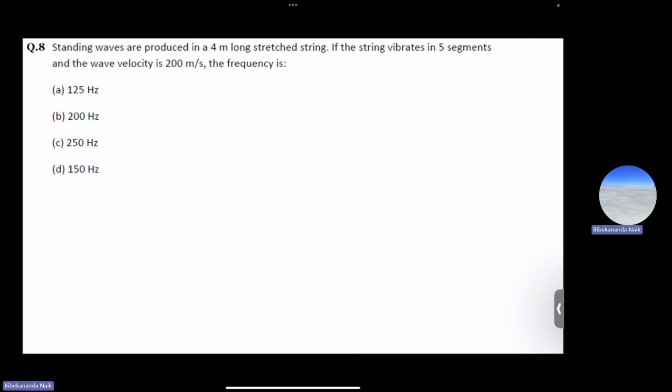Question 8 says standing waves are produced in a 4-meter long stretched string. If the string vibrates in 5 segments and the wave velocity is 200 meter per second, then what is the frequency? Options are A 125 Hz, B 200 Hz, C 250 Hz, and D 150 Hz. Suppose this is the string, the length of the string is 4 meter, with point A and point B, and standing waves are produced.